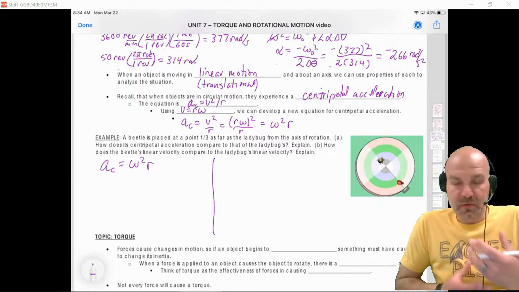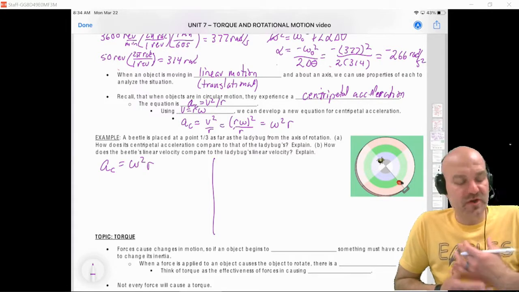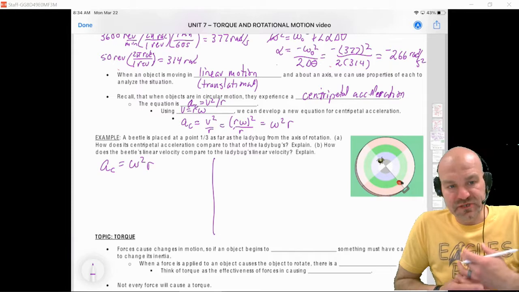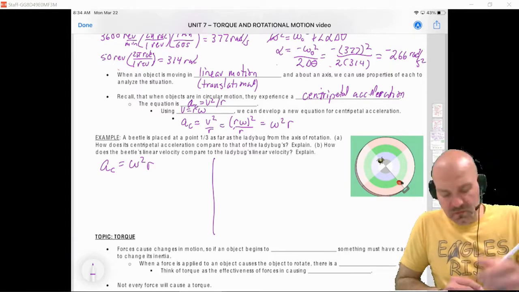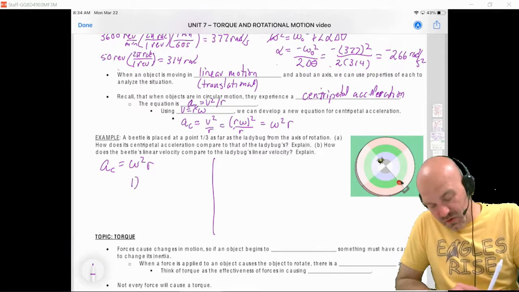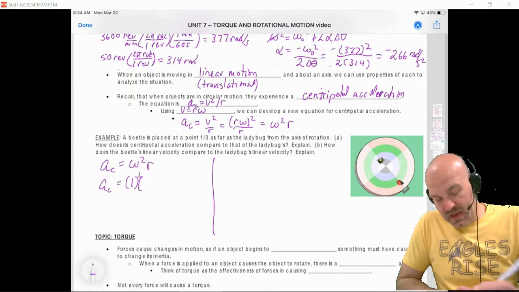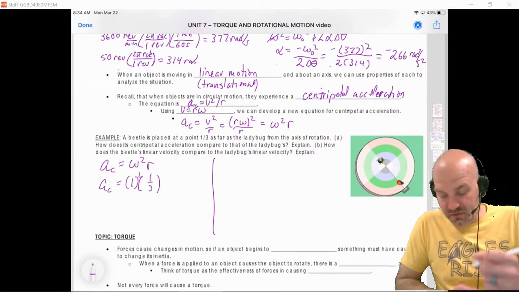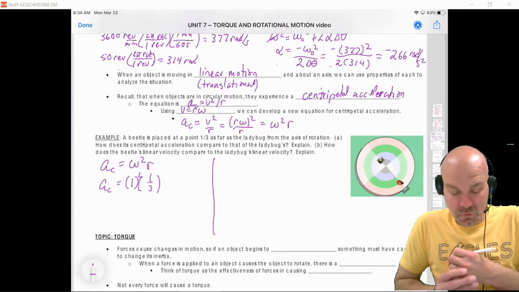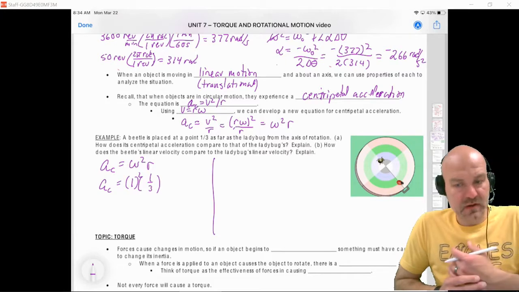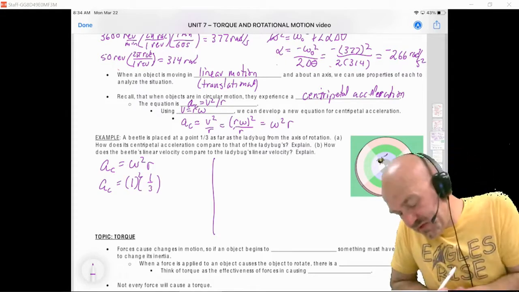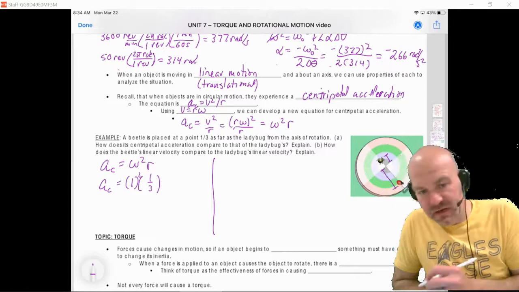And so we're going to say a sub c is omega squared r. Now, the thing is, they're both on a rotating disk, so they're going to travel at the same rotational velocity. And so we're going to call that 1, right? 1 squared. And we know that the beetle is placed 1/3 the distance of the ladybug.